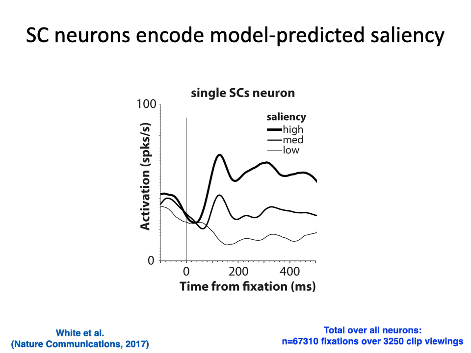And conversely, when the model predicted a high salience, which is the thick curve, then the neuron also fired much more vigorously. So this gives us, for the first time, a direct empirical validation of these kinds of models that I've shown you today, in that we have a direct correlation between model-predicted salience and the firing of individual neurons in the monkey brain.